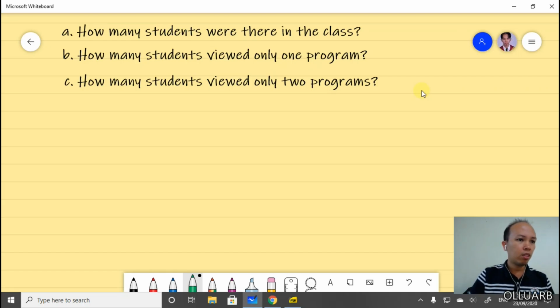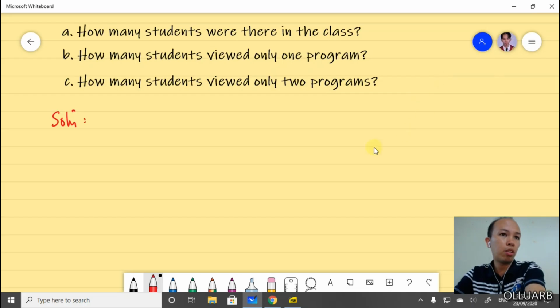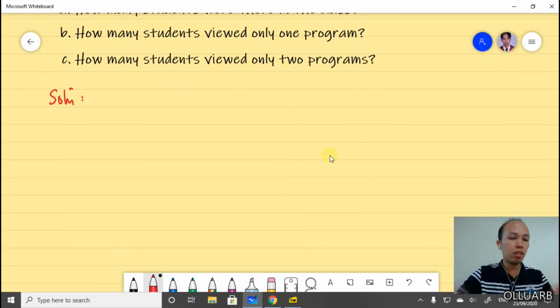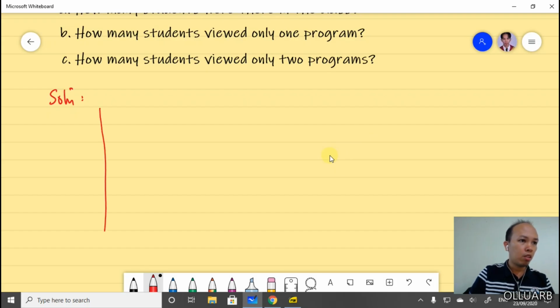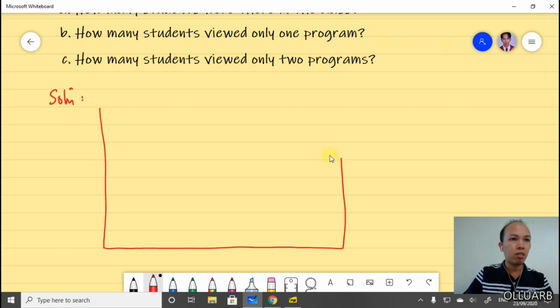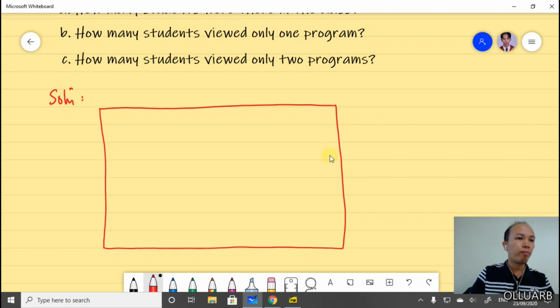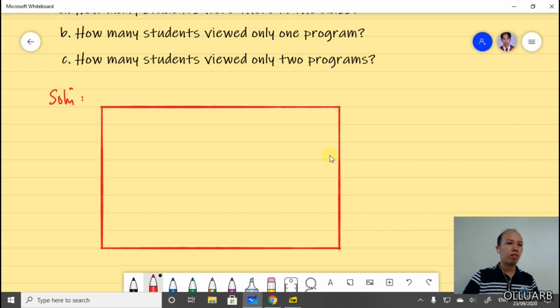So we have the solution. Again, the universal set, or the classroom, will be denoted by the geometric figure rectangle. This is our universal set, or our classroom.